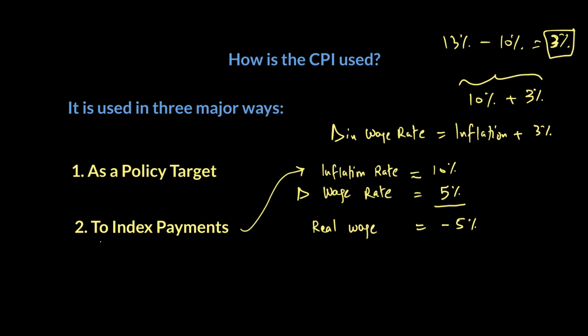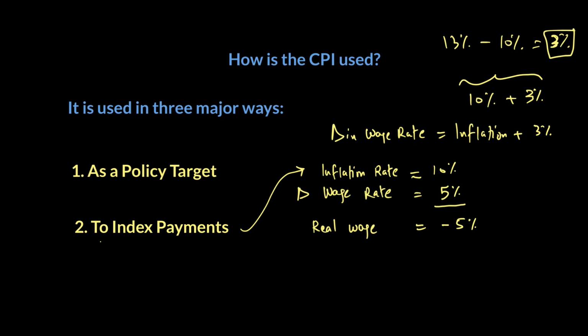A great example is that in the US, millions of government retirees and social security recipients are all protected through indexation. So whenever the inflation goes up, the payments given to these people go up.